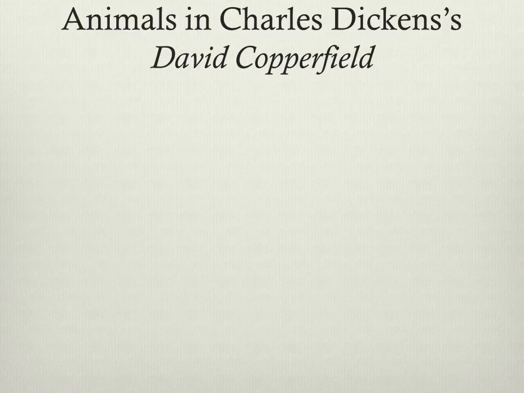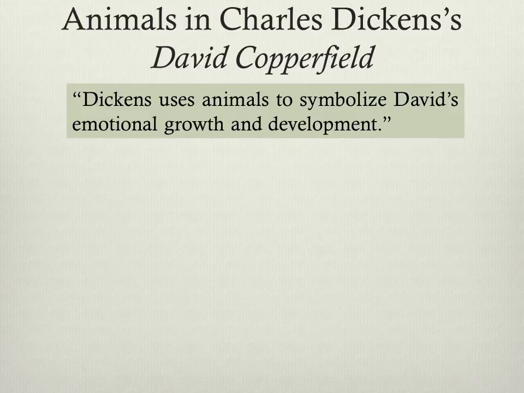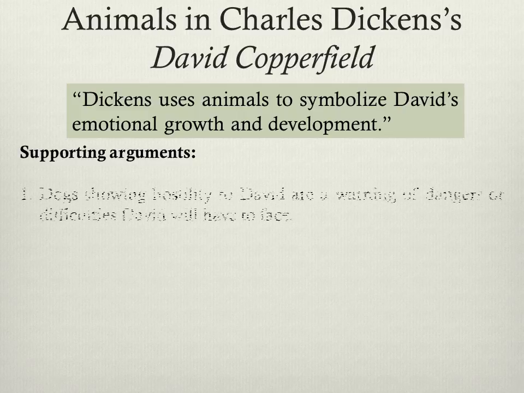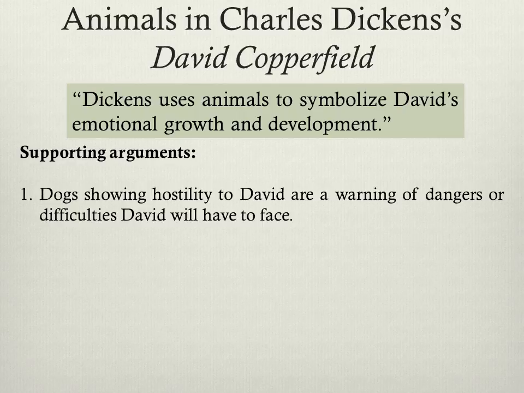Okay, so this paper is on animals in Dickens's David Copperfield. So in a way similar to the Jane Eyre one, which is about colour, showing the development of Jane, this shows animals and their relationship to David's growth during the story, with supporting arguments being that dogs are particularly used as a sign of warning of danger, and that they show hostility to David.